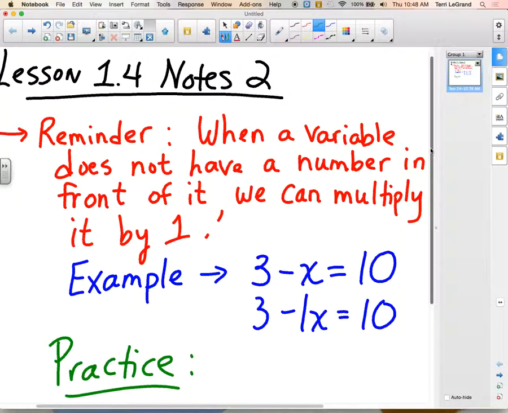Okay, now remember what it was like solving multi-step equations yesterday. We said, what should we undo first? Should we undo the addition and subtraction first or the multiplication and division? Addition and subtraction? Multiplication? Anybody have yesterday's notes handy? What did it say? What did we decide we probably want to do first?